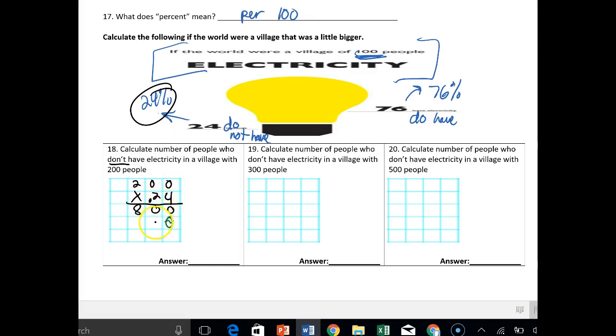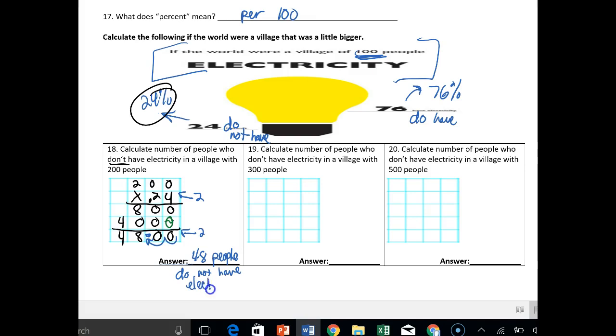And then we say 2 times 0, 0, 2 times 0, 0, 2 times 2 is 4. Add it up. That's not our answer because remember we have 2 numbers behind the decimal point. So we got to swoop twice. Once, twice. So our answer is 48 people, not just 48, 48 people do not have electricity.